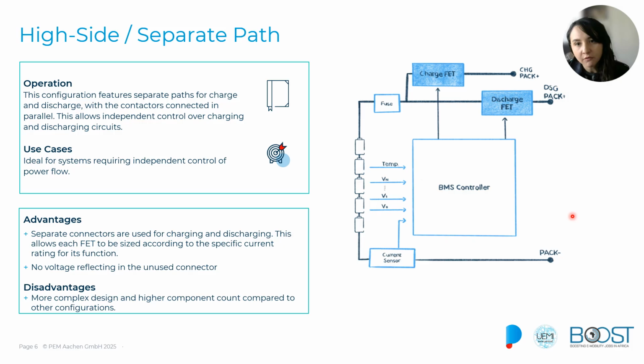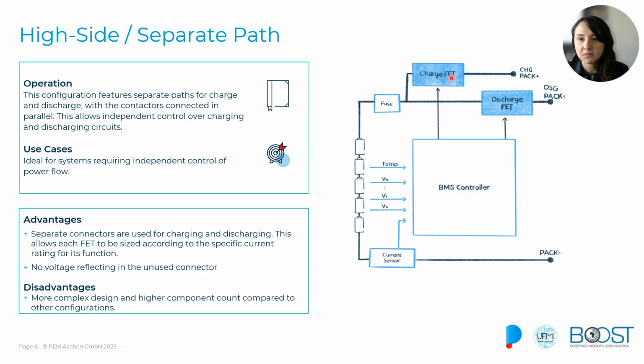In this parallel configuration, as we have separate contactors and as the charging current is going to go through a different path than the discharging current, each of these FETs can be sized according to its specific current rating and function.